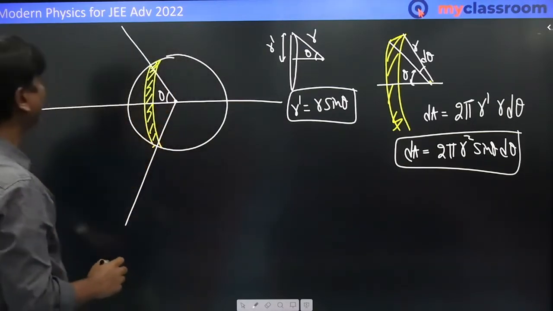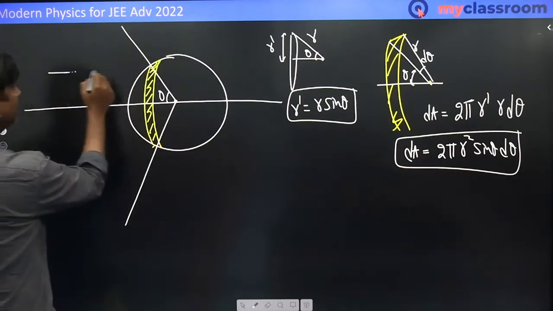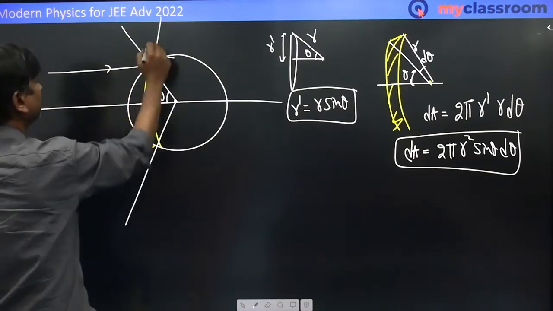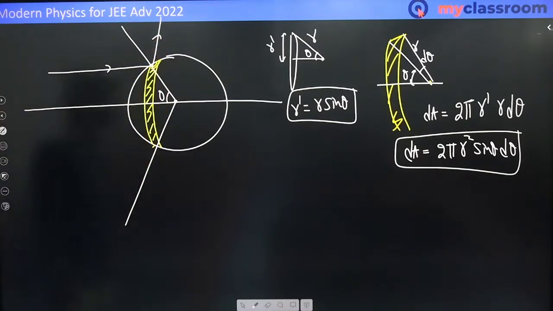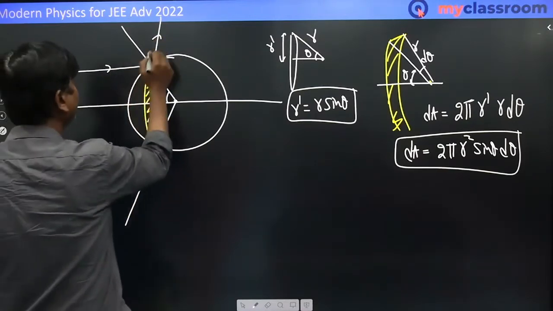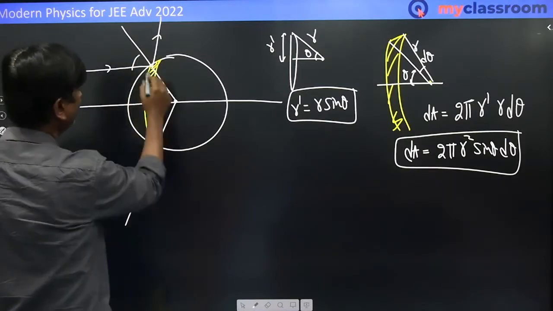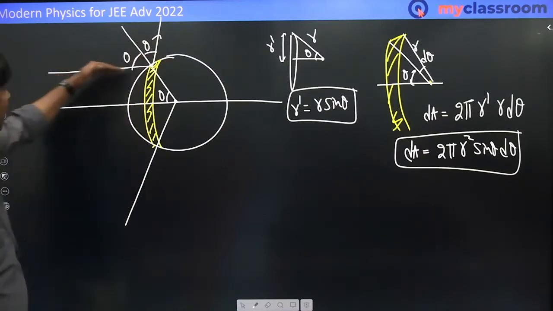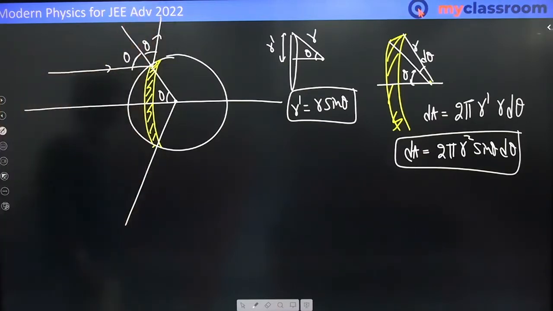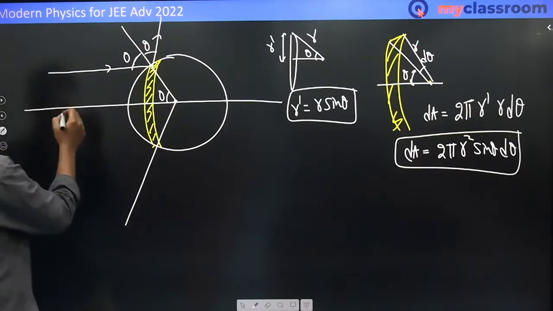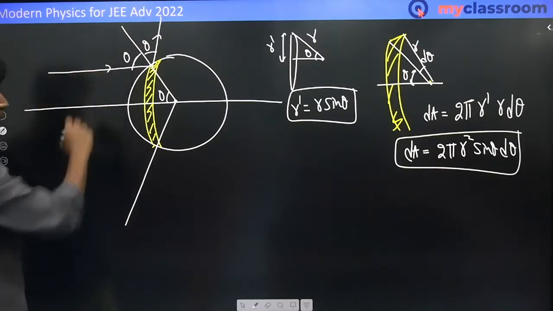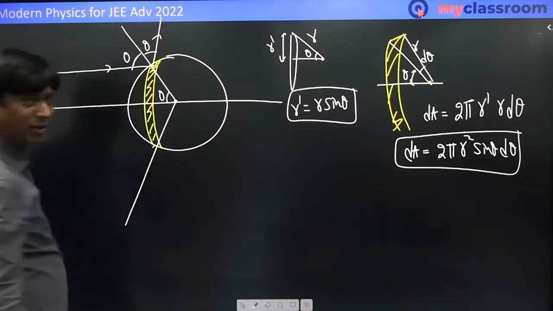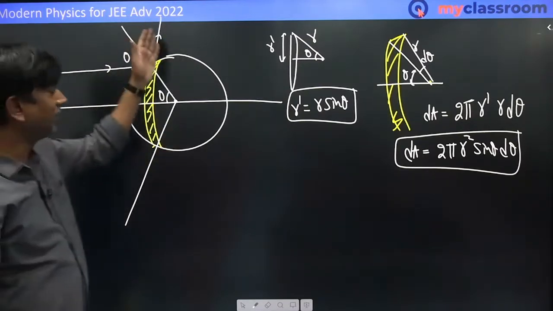Now, assuming, let us say one photon is hitting like this and it will rebound like this, perfectly reflecting. So definitely this angle and this angle will be equal. And you know this angle is theta, so this angle also will be theta. So photon is coming like this, hitting and going like this, right? So let us say initially the photon is having some momentum p. After rebounding, also it will have momentum p, but in a different direction.